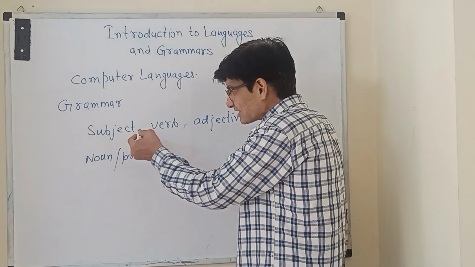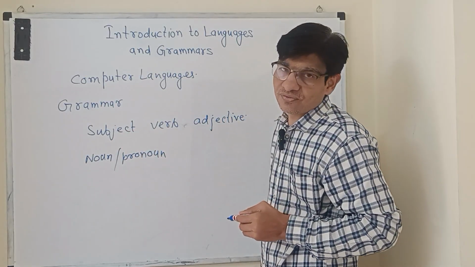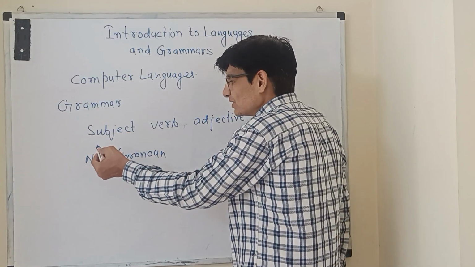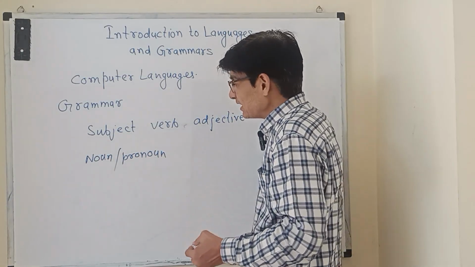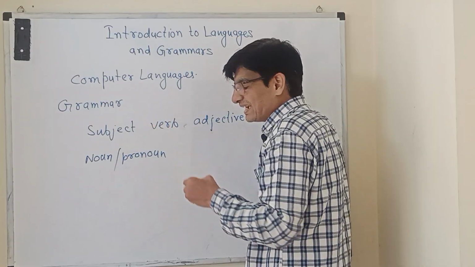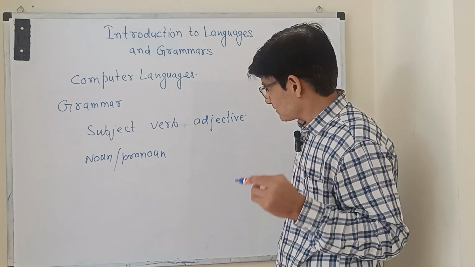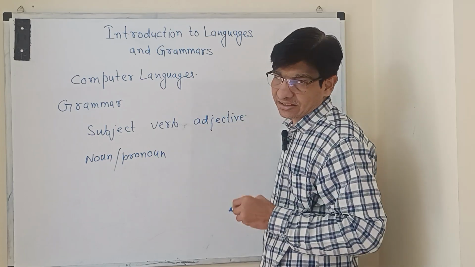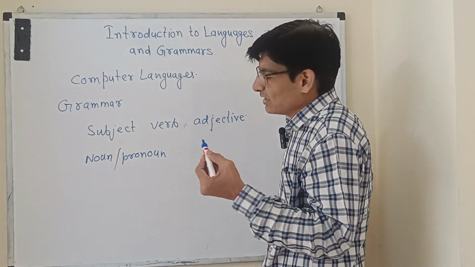This is the syntax of making a sentence in the English language. Here you can replace subject with any noun or pronoun, replace verb with any particular verb, and then use any adjective there.